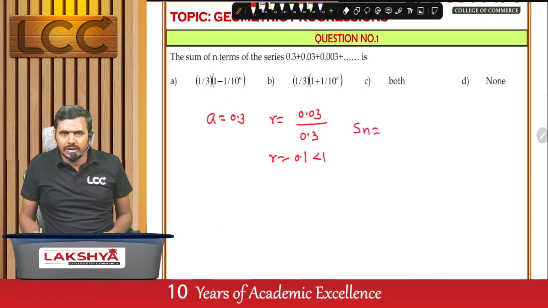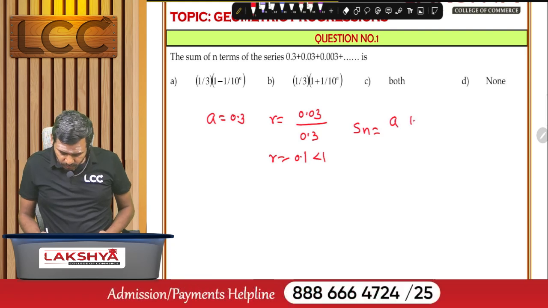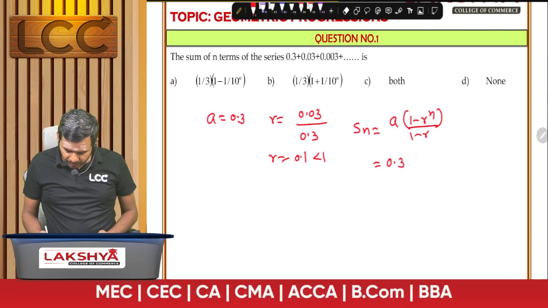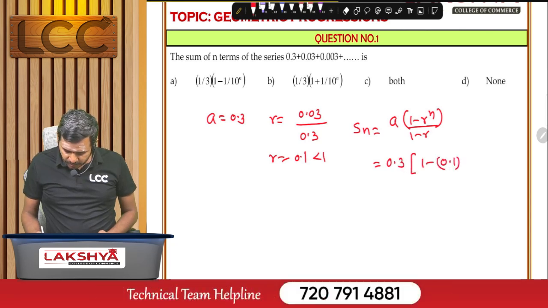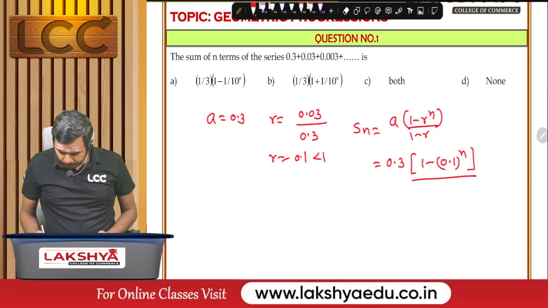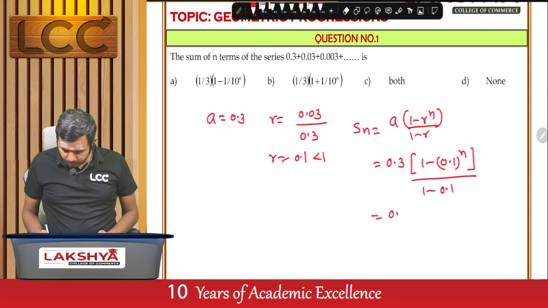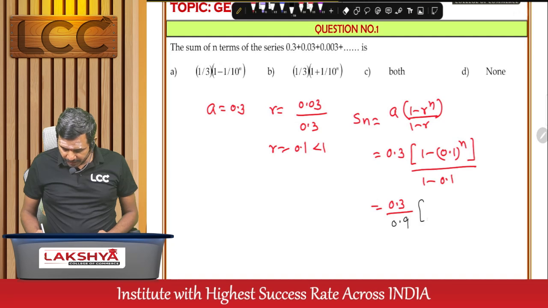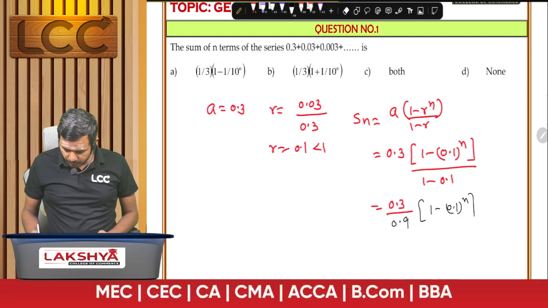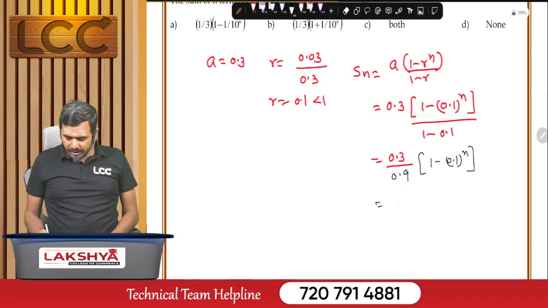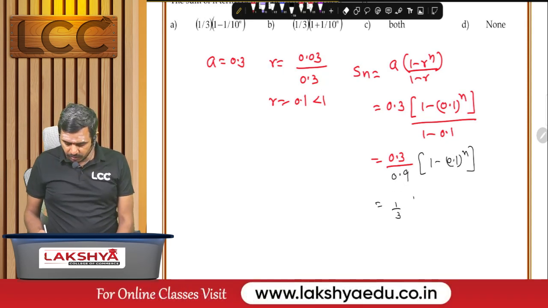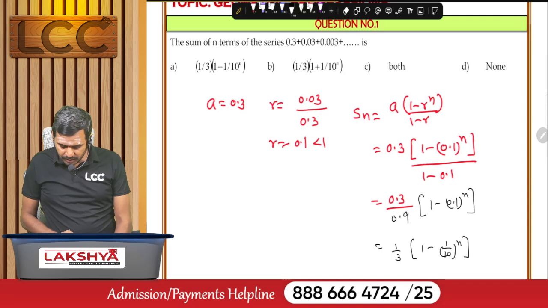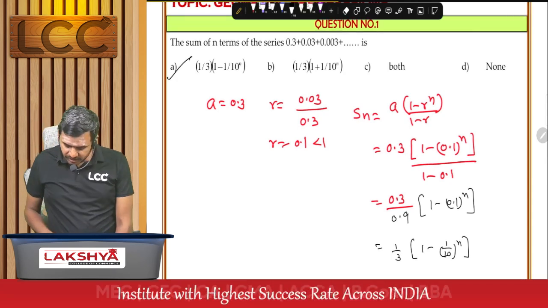Now, the sum of n terms when r is less than 1, the formula is a into (1 minus r power n) by (1 minus r). a value is 0.3, 1 minus r is 1 minus 0.1, which is 0.9, into (1 minus 0.1) whole to the power of n. 0.3 by 0.9 means 3 by 9, which is equal to 1 by 3. 1 minus 0.1, write it as 1 by 10, whole to the power of n. Therefore the right answer is A.